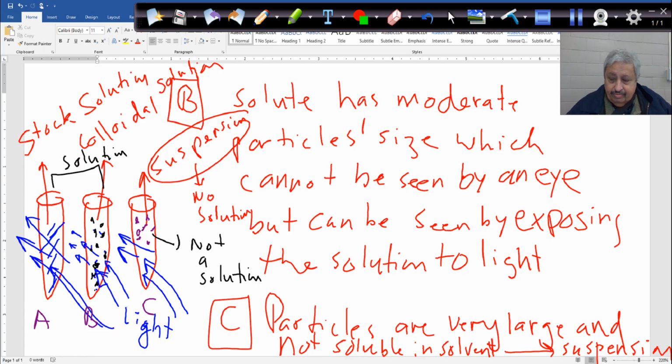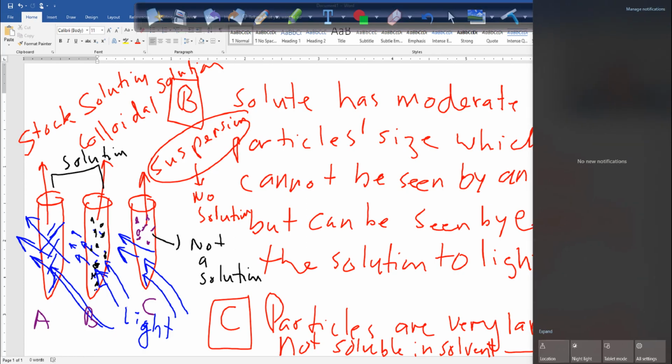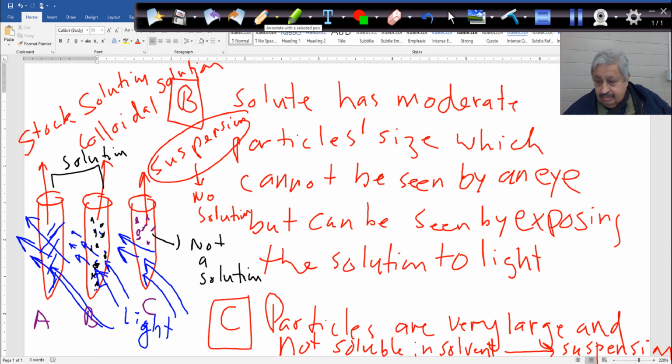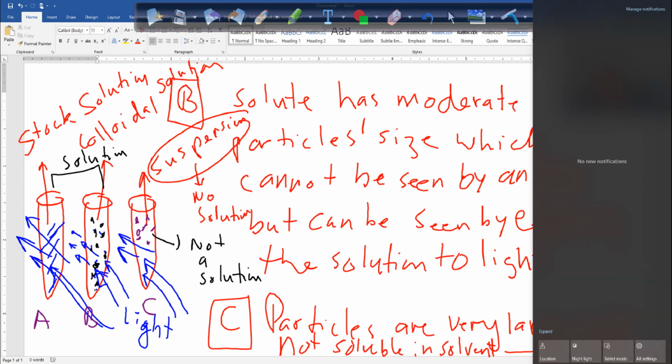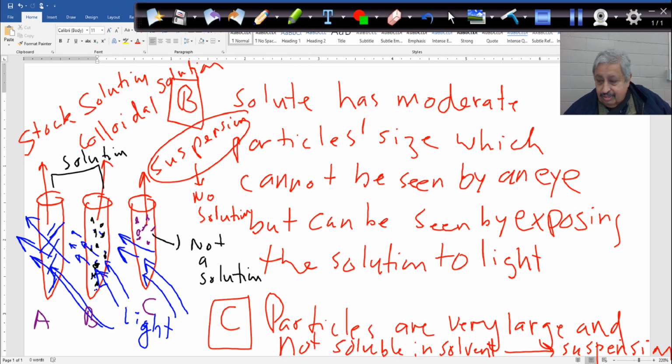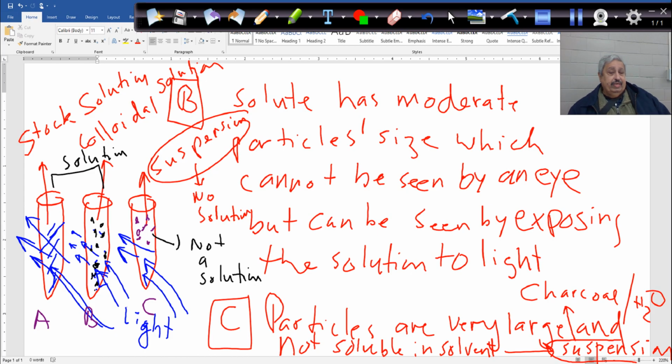Another example of suspension is charcoal with H2O. Okay, so that's suspension.